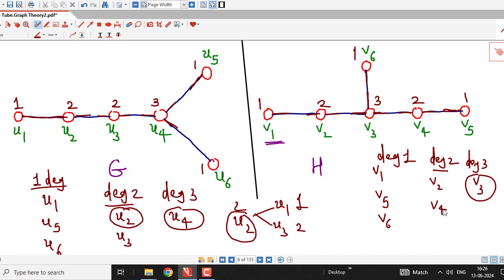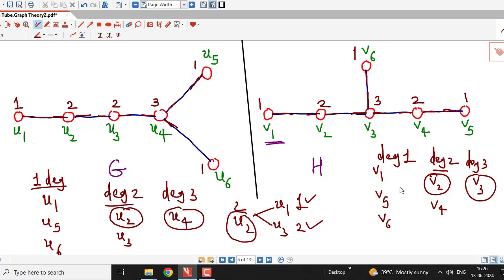So here there are two vertices of degree 2, v2 and v4, and if we check for v2 say, then v2 is adjacent with v1 and v3. So v2 cannot be the image of u2 because u2 is adjacent with u1 and u3, which are vertices of degree 1 and 2, and here v2 is of degree 2, but v2 is adjacent with v1 and v3 and degree of v3 is 3.